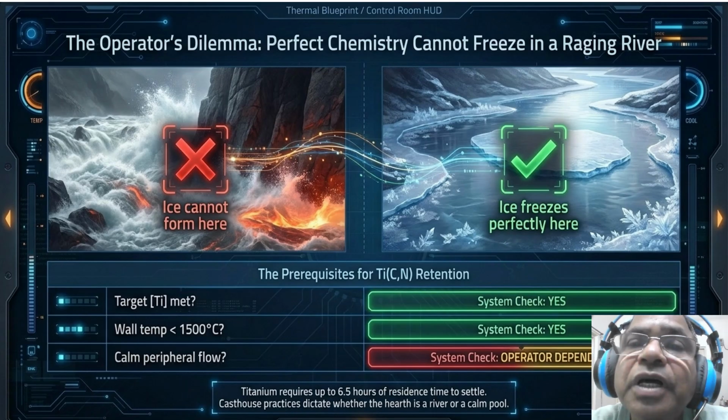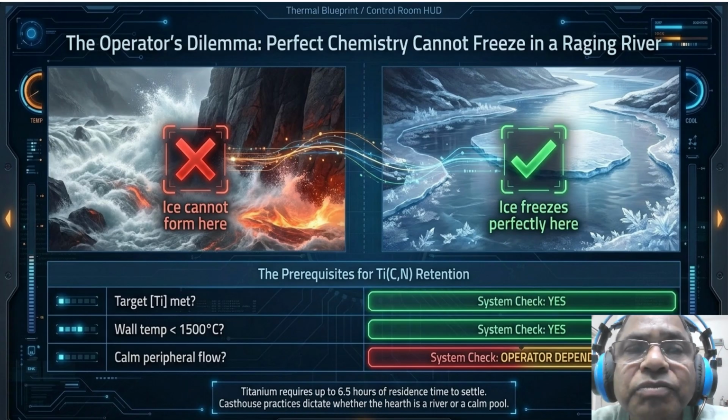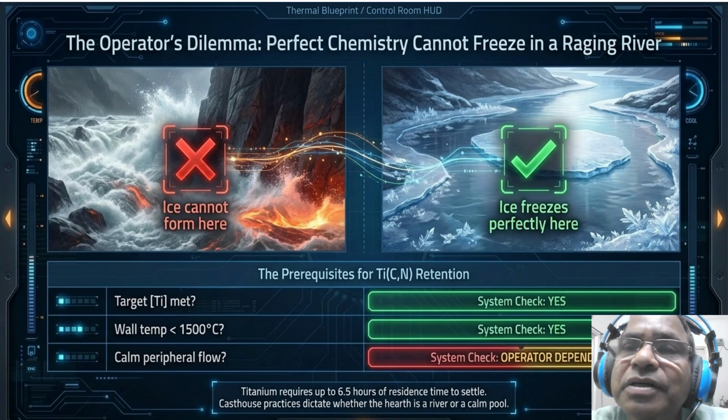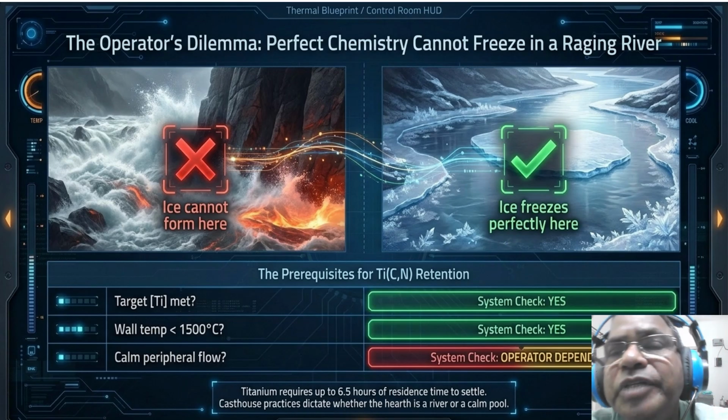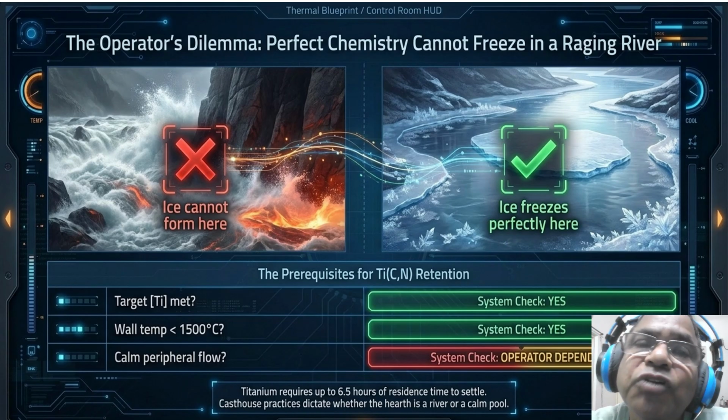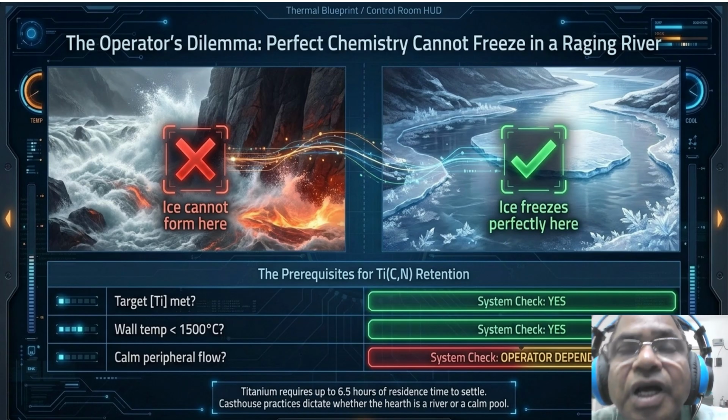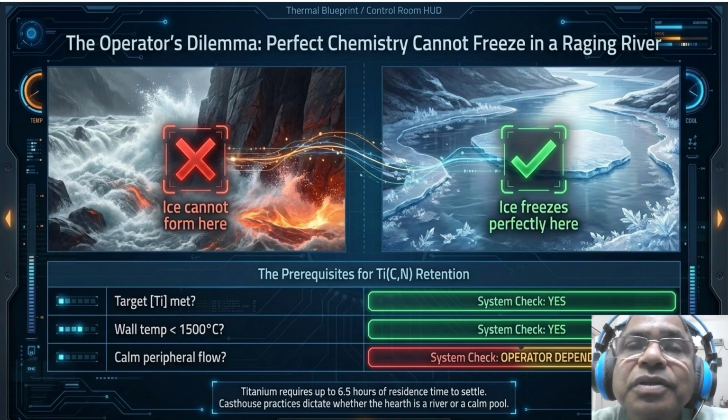This is where the manager, the shift in-charge, or the expert of the furnace should have a philosophy on casting, and this becomes a dominant variable in the hearth life. The primary tool for calming the river is managing your taphole length, which is first and foremost.